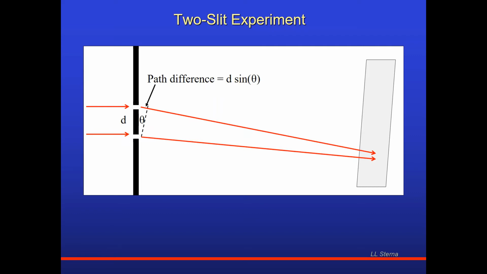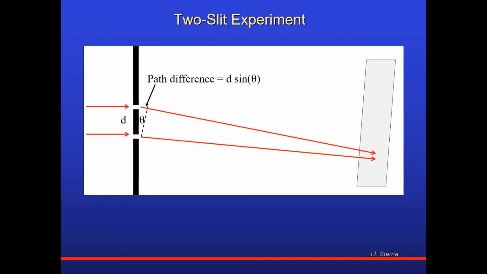Now, if the spacing between the two slits, d, was very small, and the paper was very far from the two slits, those two lines would be extremely close to being parallel. Now, in the picture, they don't look parallel. It has to be that way in order to illustrate the angles and so forth. But in reality, those two lines are extremely close to being parallel. So the dashed line would be perpendicular to both.